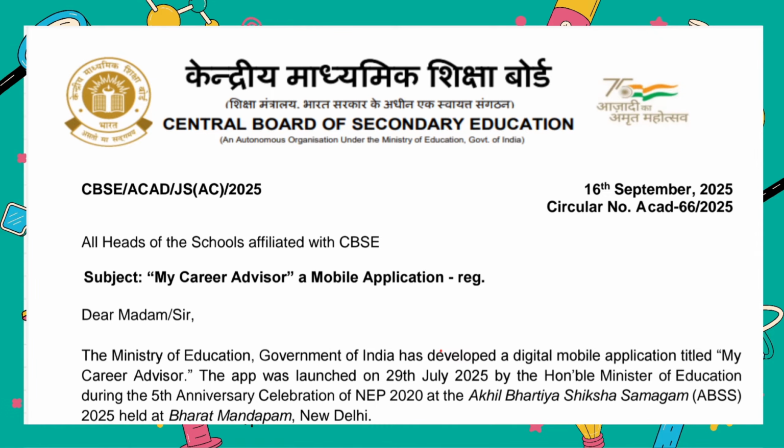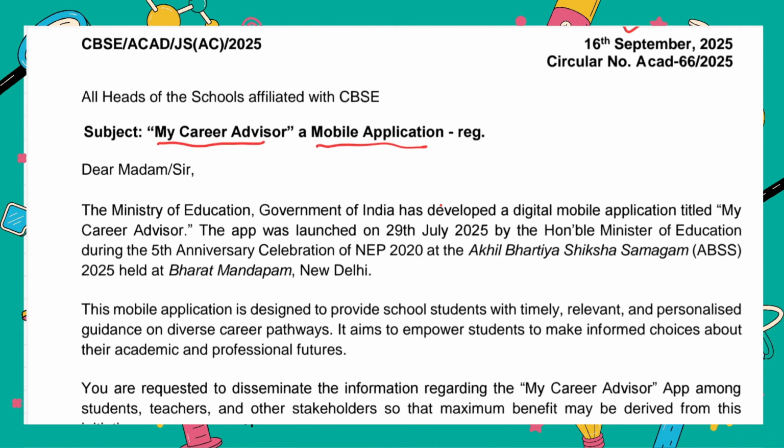So this is the official circular released by CBSE on 16 September 2025 with the subject My Career Advisor, a mobile application. According to this circular, the Ministry of Education, Government of India has developed a digital mobile application titled My Career Advisor. This app was launched on 29 July 2025.